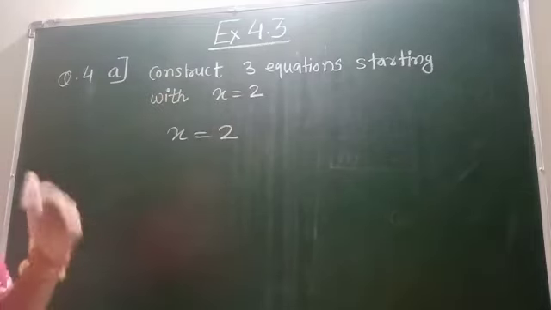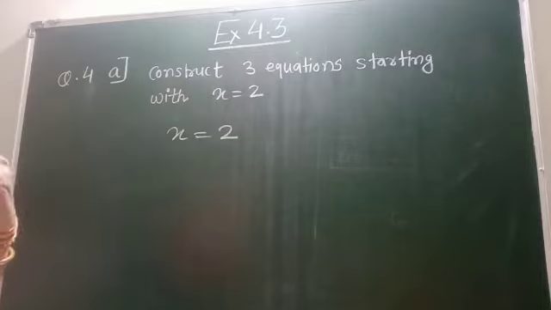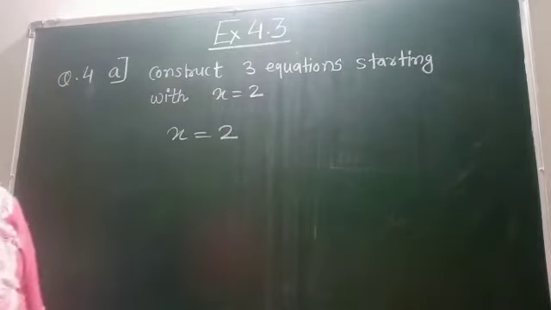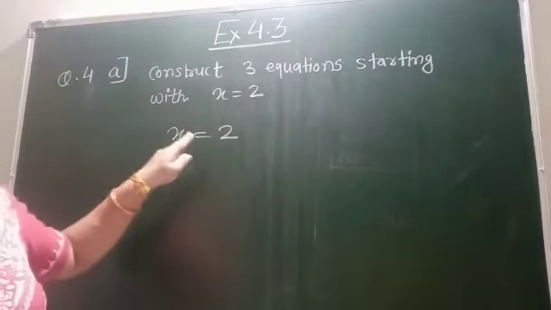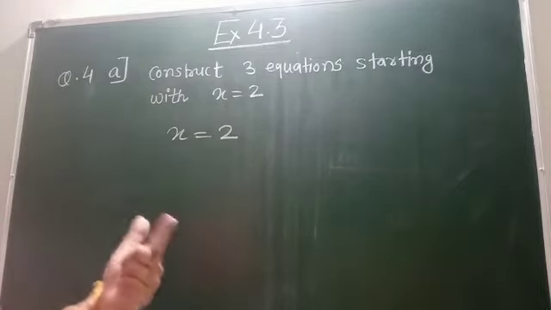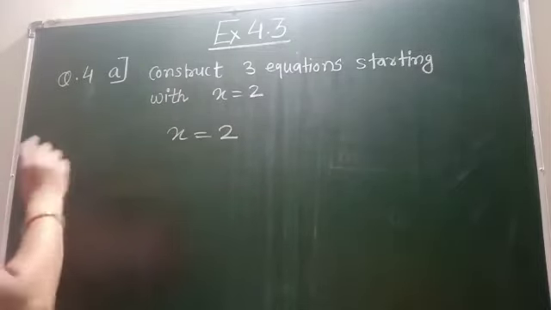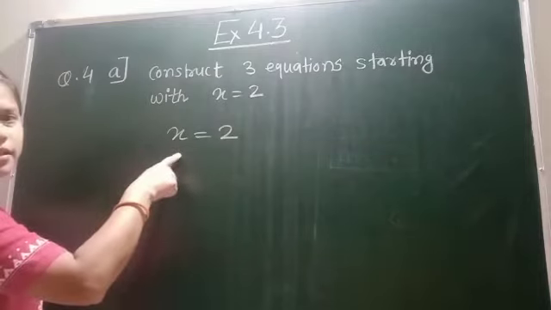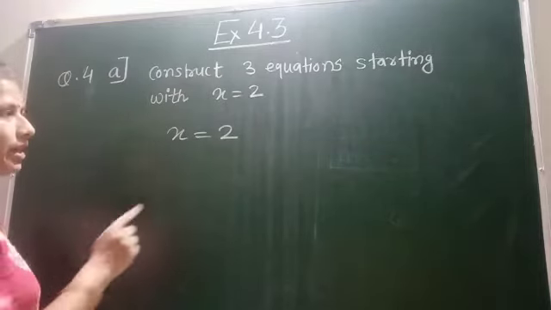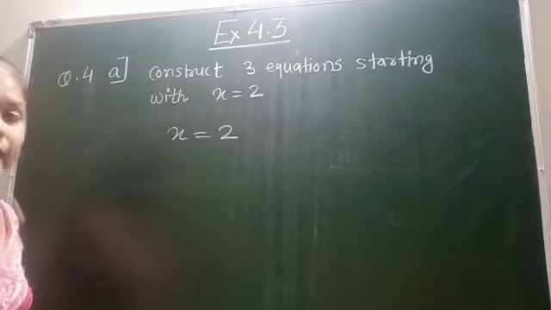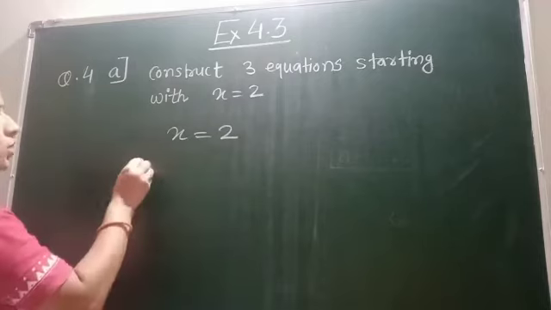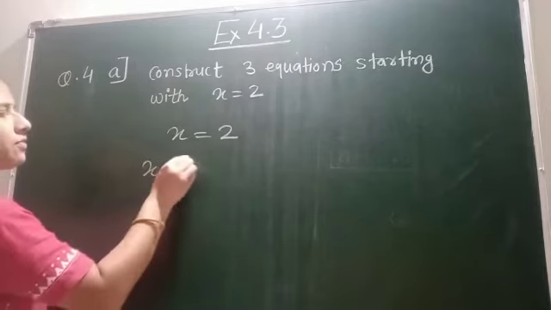It means which type of equations? When we simplify that equation, we will get x equals 2. So what we will do? Let's see. Student, I am here using the addition property. You can add the same number on both sides. So I am adding plus 5 on both sides.